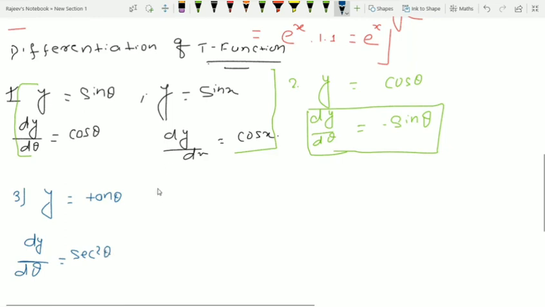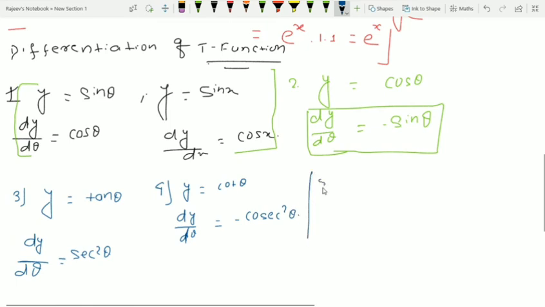Done, ready? Okay. Now see formula number 4. If y is equal to cot theta, not sec theta, so its differentiation will be dy by d theta is equal to minus cosec square theta, right?